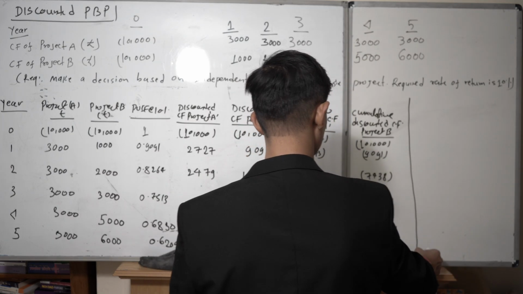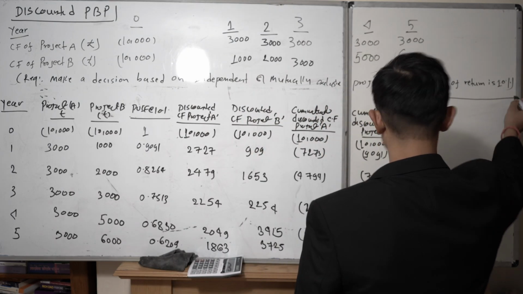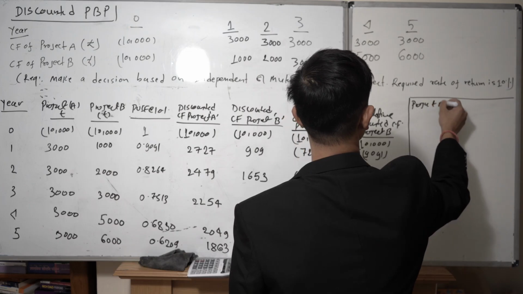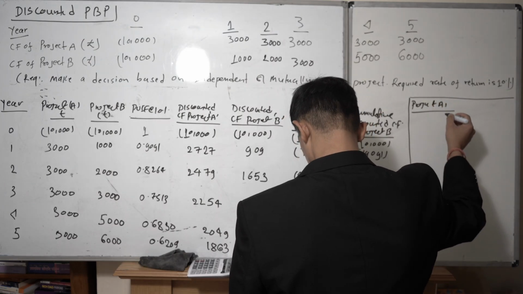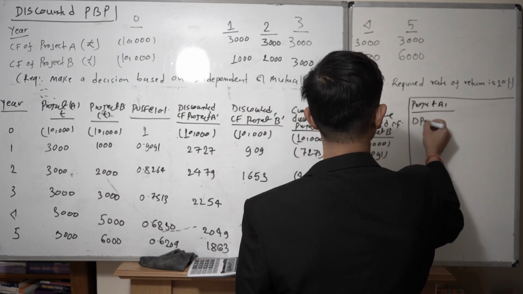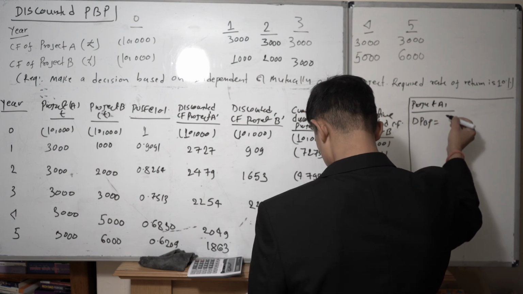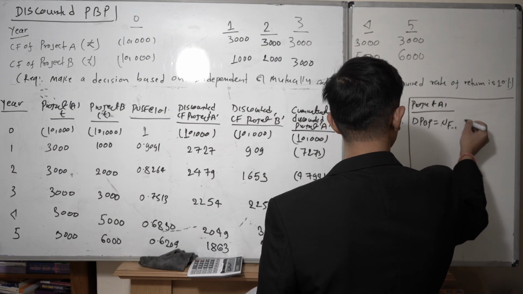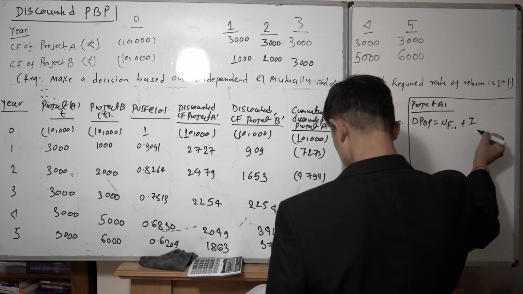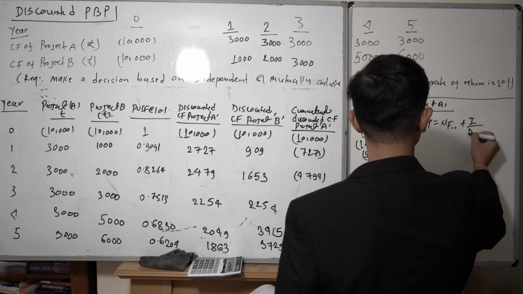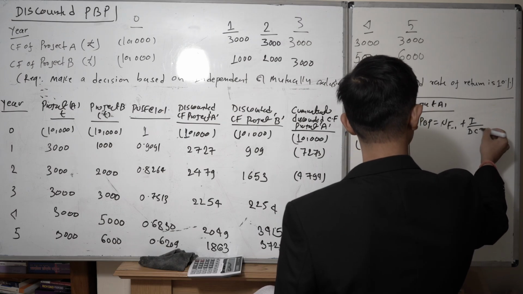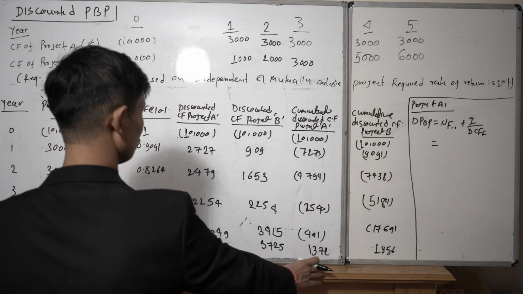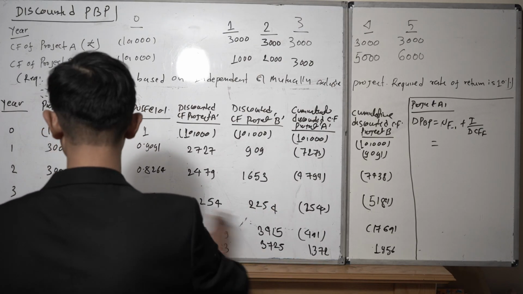Now this is the final point we need to do. For project A, the discounted payback period is N minus 1 plus I divided by DCF. For project A, the value is going to be positive only in year 5.